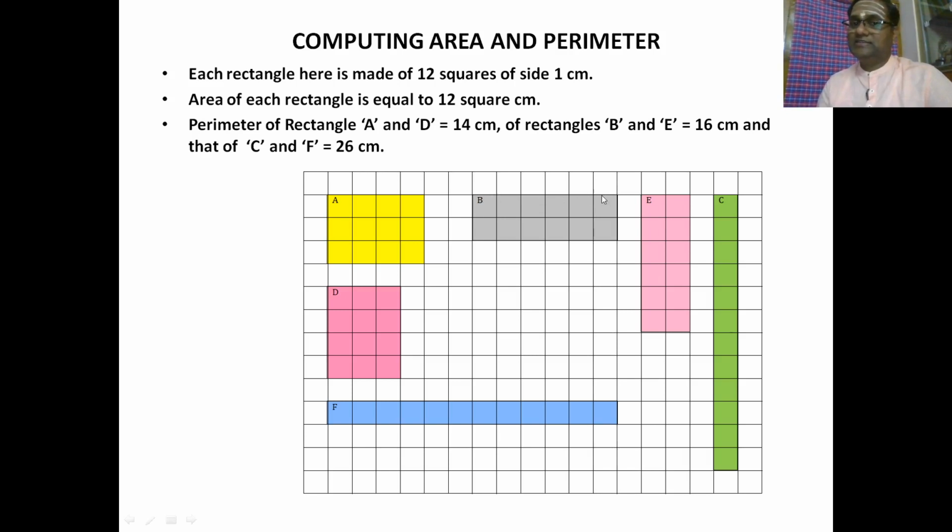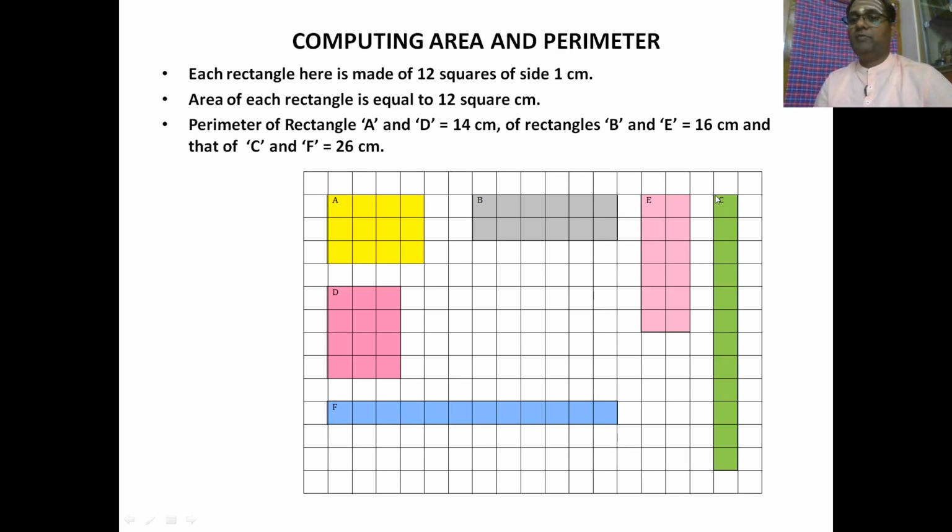There are 6 sides plus 2, 8, 8 plus 6, 14 plus 2, 16. So the perimeter of rectangle B and E are both the same. One is lying horizontal, one is lying vertical. Both have the perimeter equal to 16 centimeters.